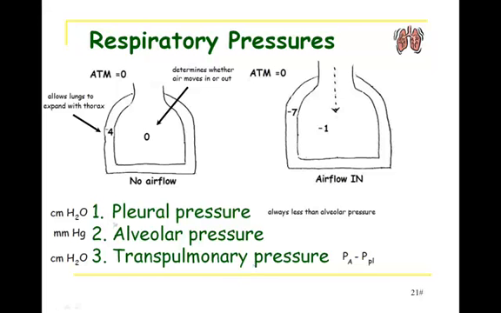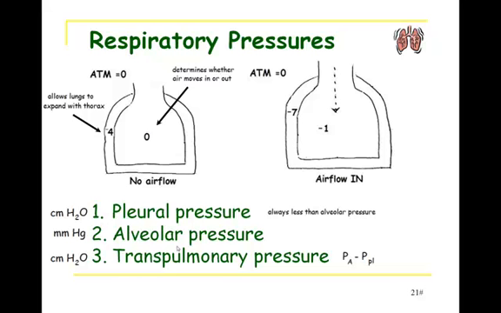I want to go over a little of what your notes say: it's the measure of the elastic force that tends to collapse the lungs. I want you to think of it like this. Think of it as the force needed to stretch a rubber band. In order for me to stretch that rubber band, I have to have enough transpulmonary pressure that I can expand the lung even more.